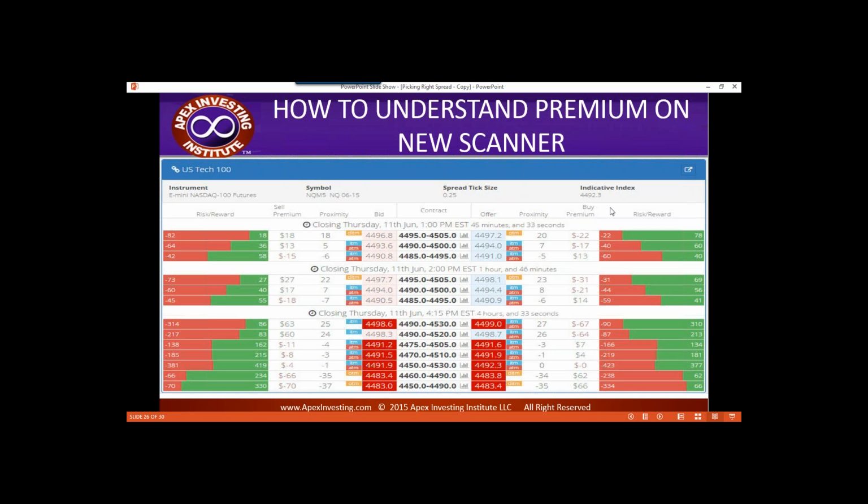Where's the market right now? 44.92. What this is saying is you can buy this spread for 44.97, but the market's at 44.92. So if you buy this at 44.97, you're buying it above the market.